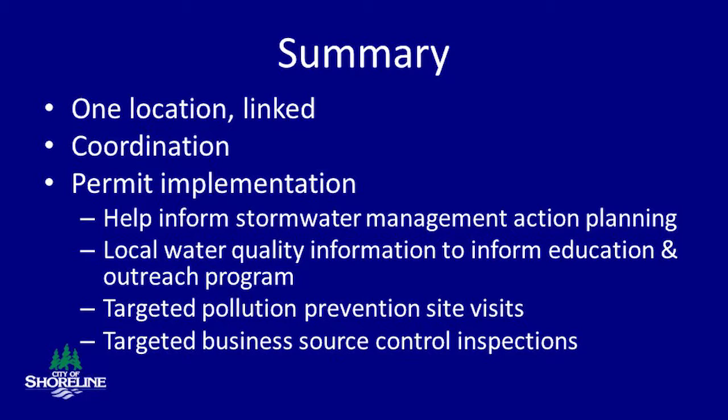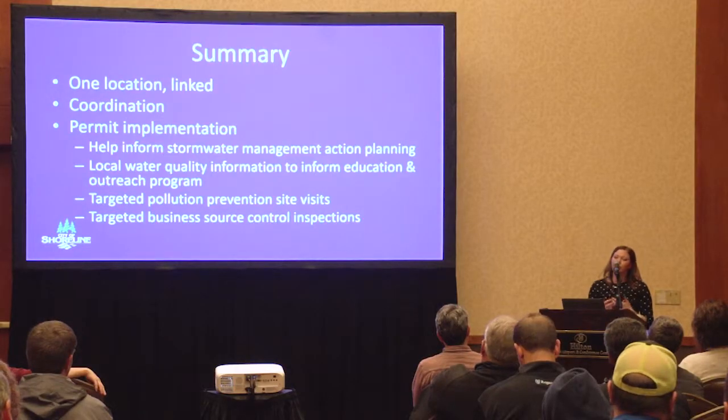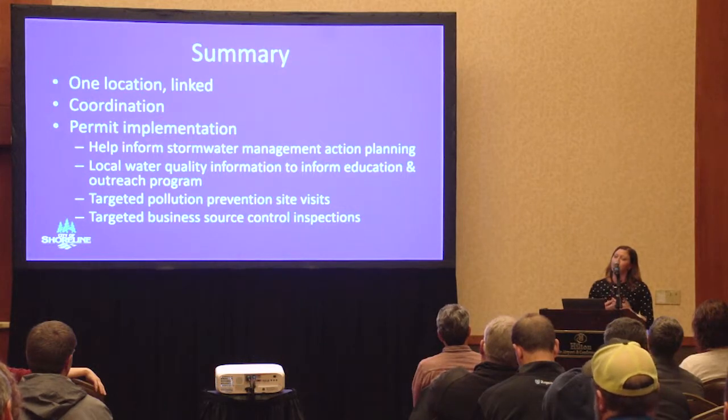Just having it all in one spot also increases our visibility of our data, and it's going to make it easier for us to implement the new permit, because it'll help inform our stormwater management action planning. As I already mentioned, it gives us some local water quality information to help inform our education and outreach program. We've been able to do some targeted pollution prevention site visits, and it'll help us do some targeted business source control inspections once that inspection program comes online with the new permit as well.